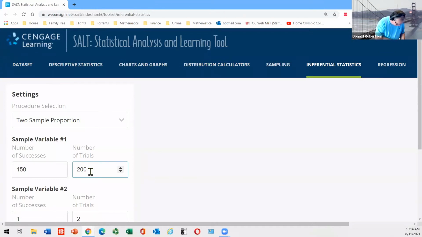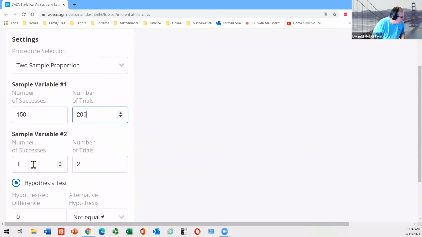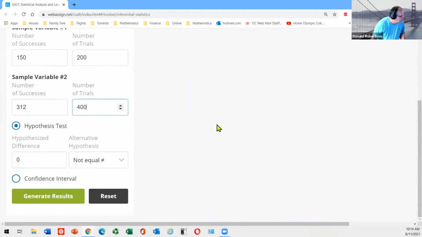That one I can't really do in my head, so I'm calculating it here. That's 312 people out of 400. And we are interested in the difference, right? Which is always zero when you do a hypothesis test for the difference of two proportions.